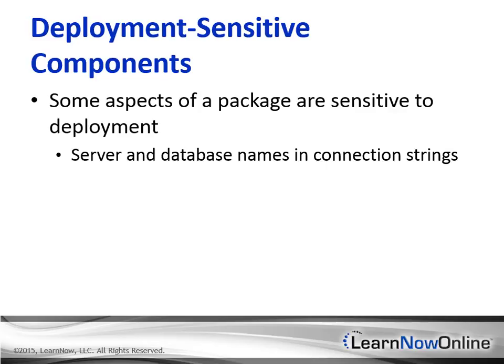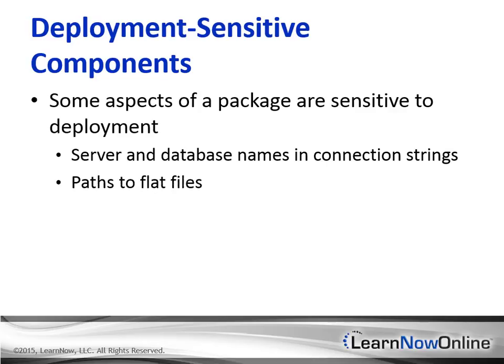Connection strings, such as localhost or a specific machine name for the development server, need to be changed to the name of the production server when you deploy the package to the production environment. Of course, if you use local or localhost and that works on the target server, then you're good to go. But you need an easy way to migrate these types of changes when deploying packages to other environments.